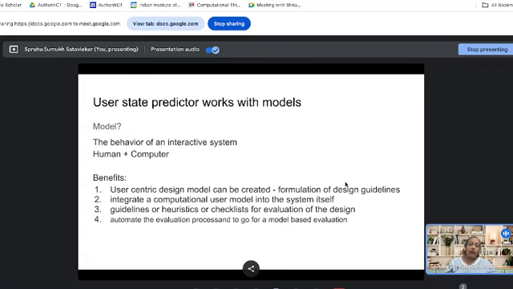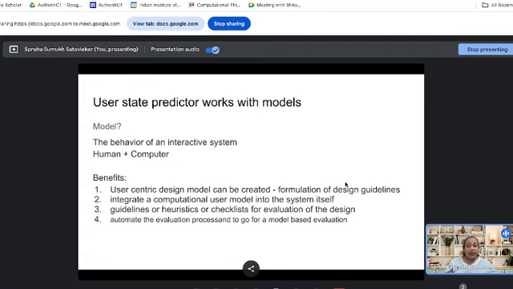So even in your initial design, by following the guidelines, you can have a very good quality of prototype. And there's also the issue of standardization. So when there are multiple people developing the same software, formulation of design guidelines always helps them. So that is another benefit.